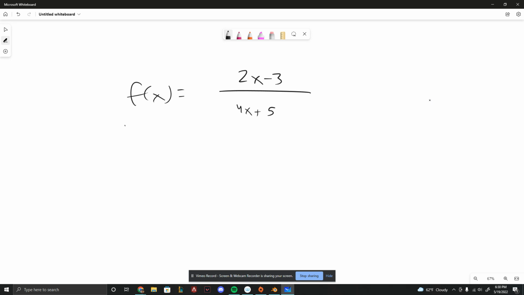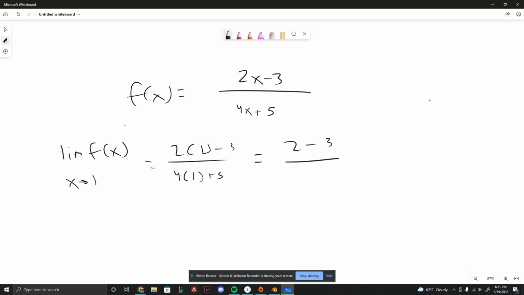And let's say we wanted to find the limit of f of x as x approaches 1. We would plug 1 in wherever there's x. So 2 times 1 minus 3 over 4 times 1 plus 5. This is going to be equal to 2 minus 3 over 4 plus 5, or in other words, just negative 1/9.